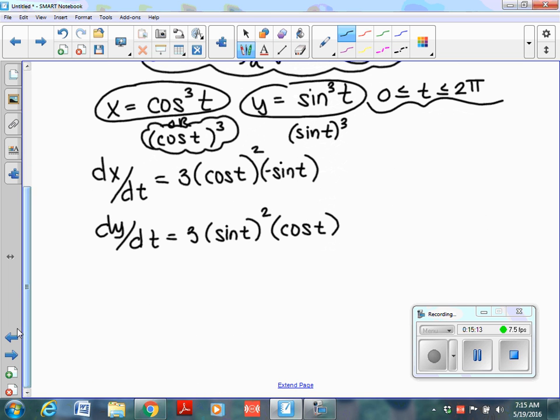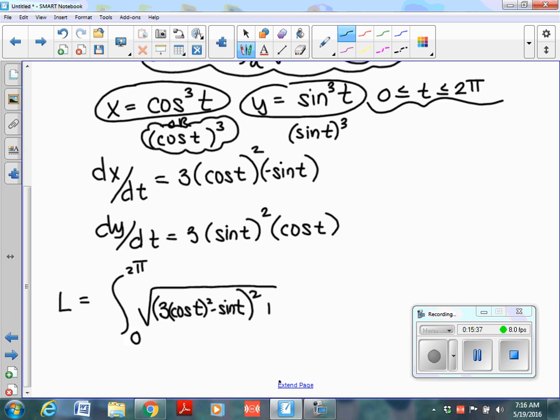So this is how you find the length. We've got to use a little bit of trigonometry. To find the length of an arc, we're going to go from 0 to 2 pi. I'm going to take the square root, and basically I'm just going to take all of this, I'm going to run out of room here, and I'm going to square it, and I'm going to take all of this, and I'm going to square it.